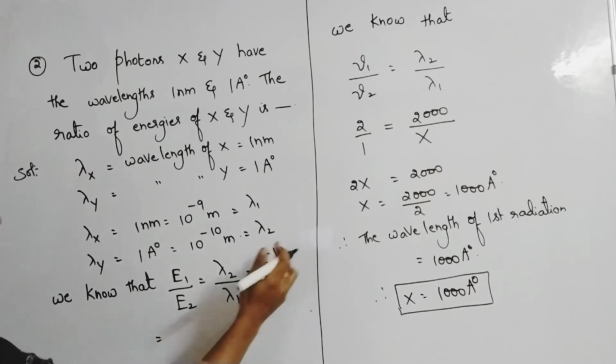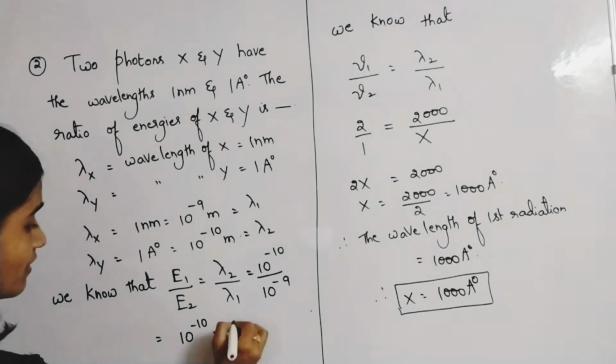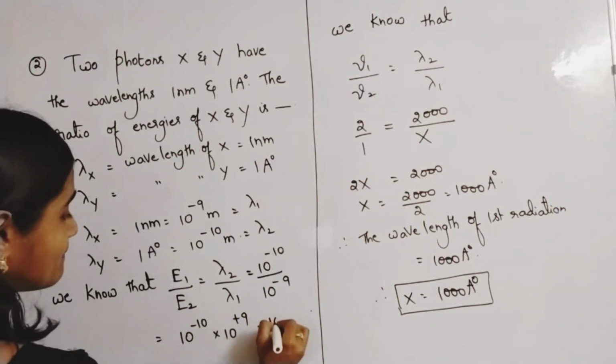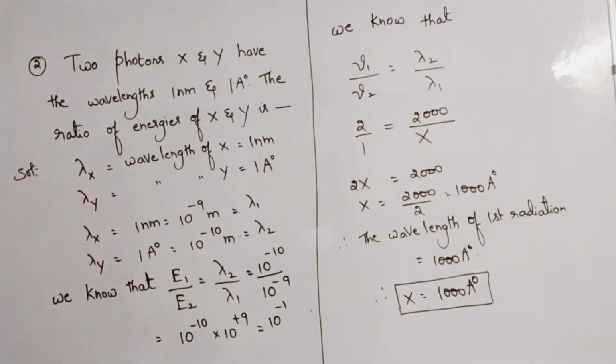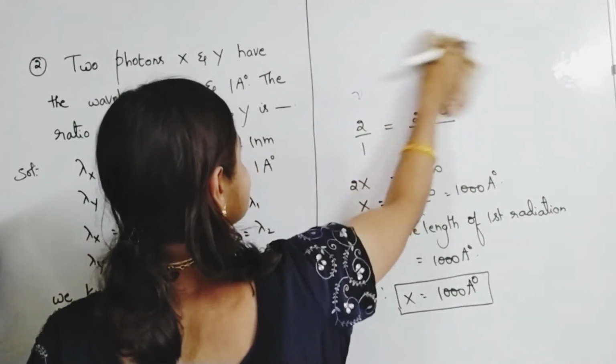This 10 power minus 9, if it goes to the numerator, becomes 10 to the power of plus 9. So how much will you get? 10 power minus 1. That means lambda 2 by lambda 1, you got as 10 power minus 1.